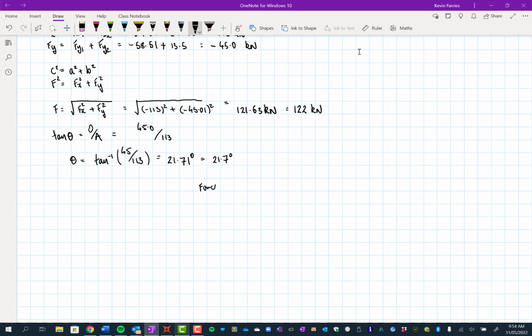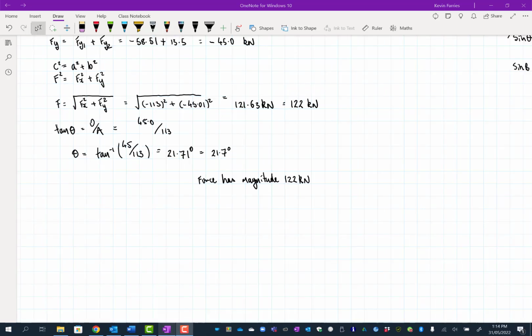So force has magnitude 122 kilonewtons, and that's at 21.7 degrees anti-clockwise from the negative x-axis.